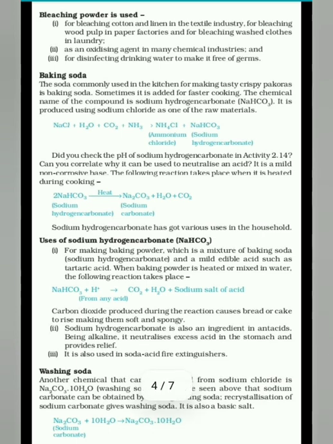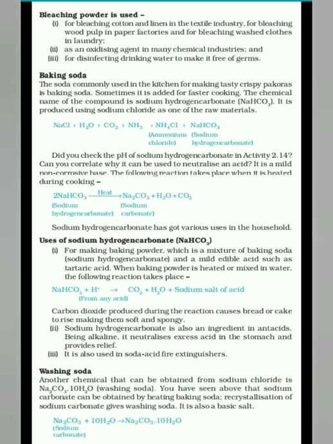So now we are trying to understand how this sodium chloride, common salt, is used for making different substances. We learned about sodium hydroxide, how it is formed using aqueous sodium chloride, that is brine, how bleaching powder is formed. And now we will discuss baking soda.